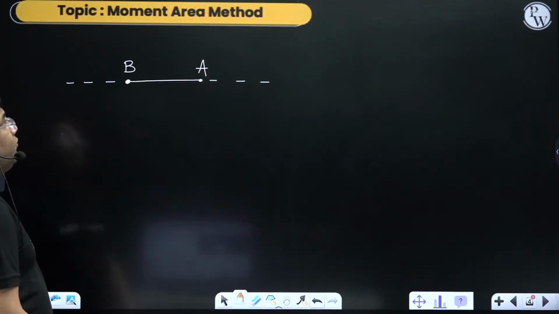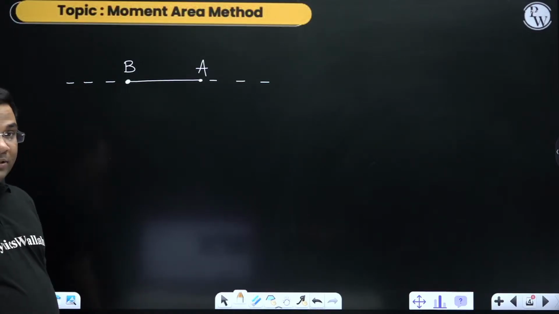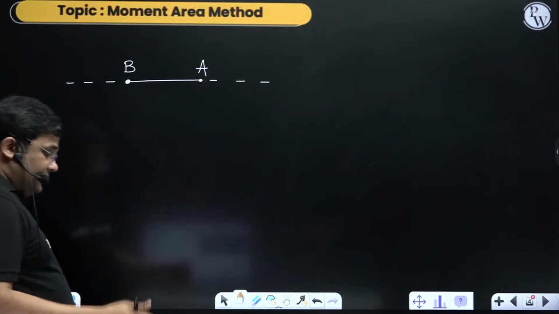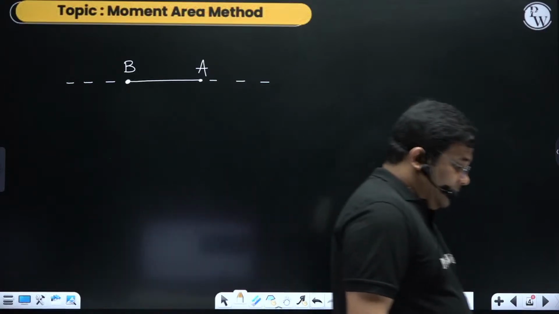Then what does the moment area method suggest?